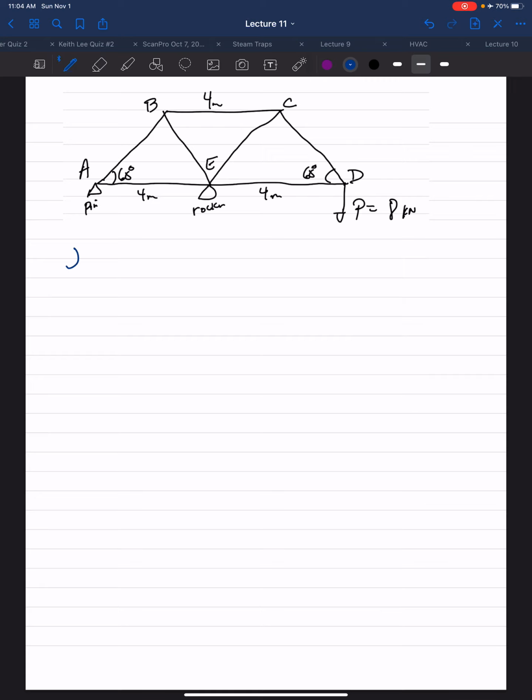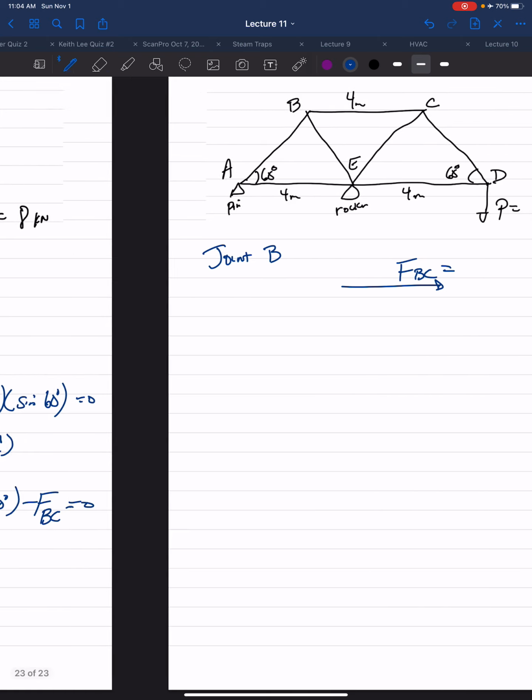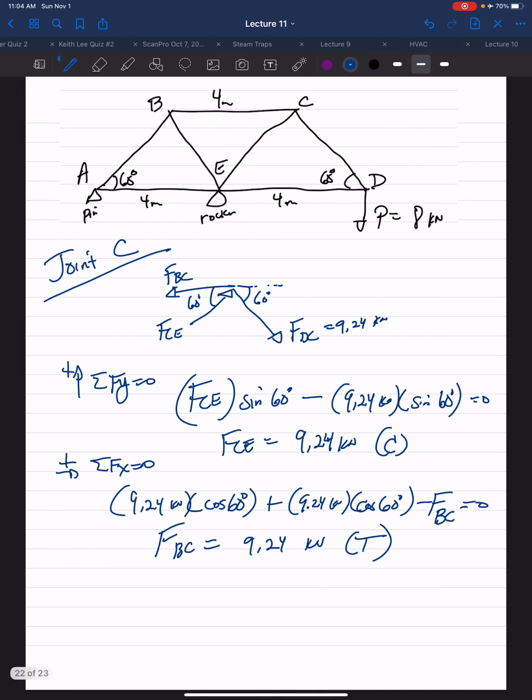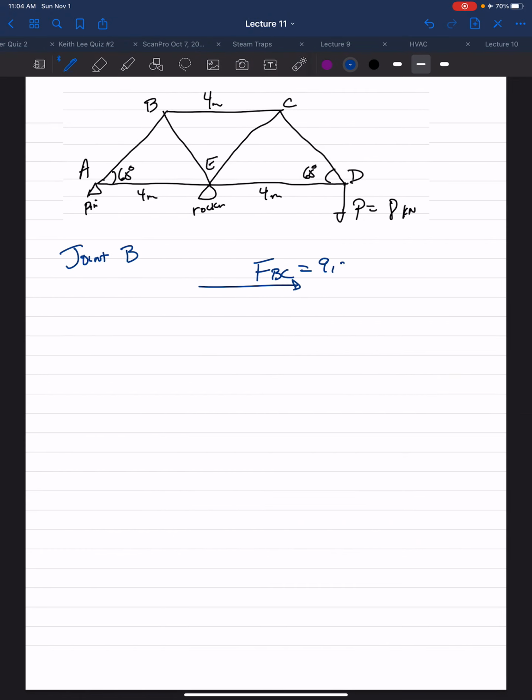So we go to joint B now. We know FBC, which we just calculated to be 9.24 kilonewtons.